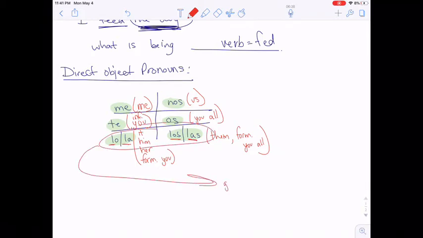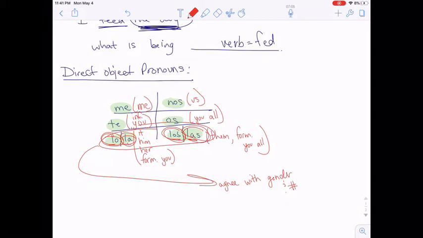So we have me, te, lo, la, nos, os, and las. And the translations for those is going to be me, you, the informal version.